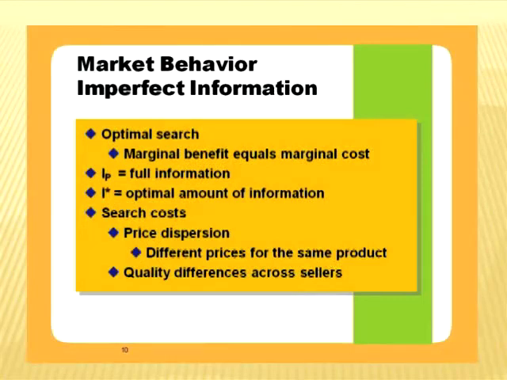We're not looking for full information, we're looking for optimal information. We will search to a point where we finally can make a distinction between the price differences and the quality differences, and can sort it out and decide what our choices are essentially.